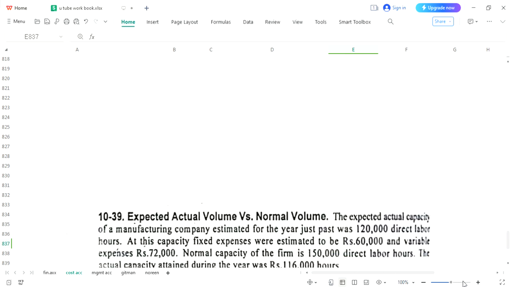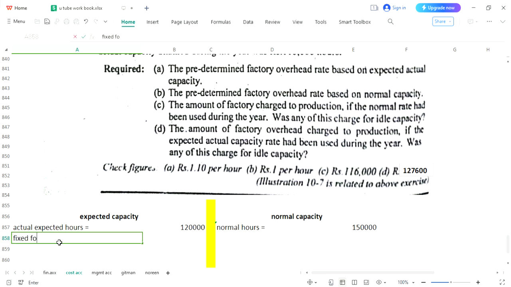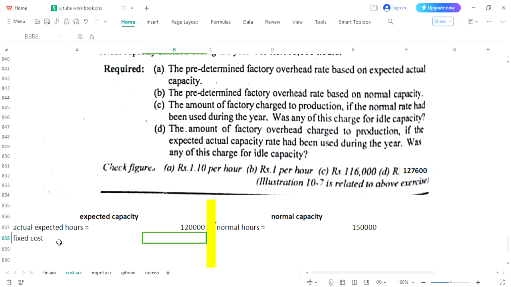Let's see what else is given. At this capacity, fixed expenses are 60,000. Since it was about expected capacity, we will write fixed cost over here, which is 60,000.